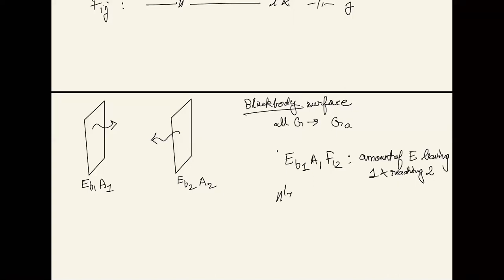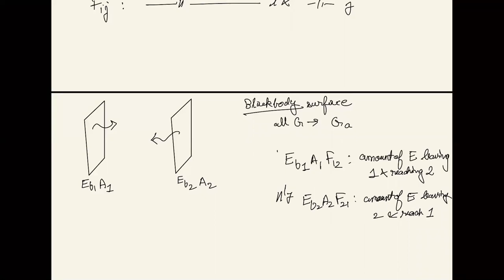Similarly, EB2 A2 F21 will be the amount of E which is going to leave 2 and reach 1.